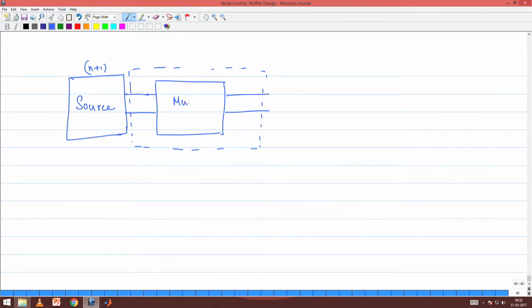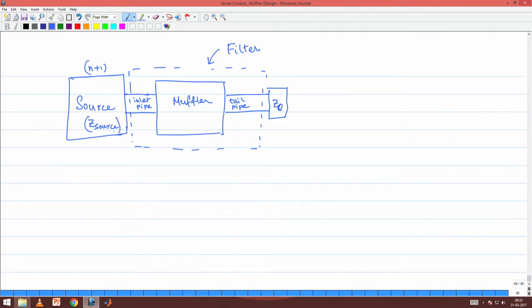So, this is the muffler, this is the tail pipe, and this is the inlet pipe. All this together will constitute a filter, right. And finally, the impedance here is the radiation impedance Z 0, and the impedance here is Z source, okay.